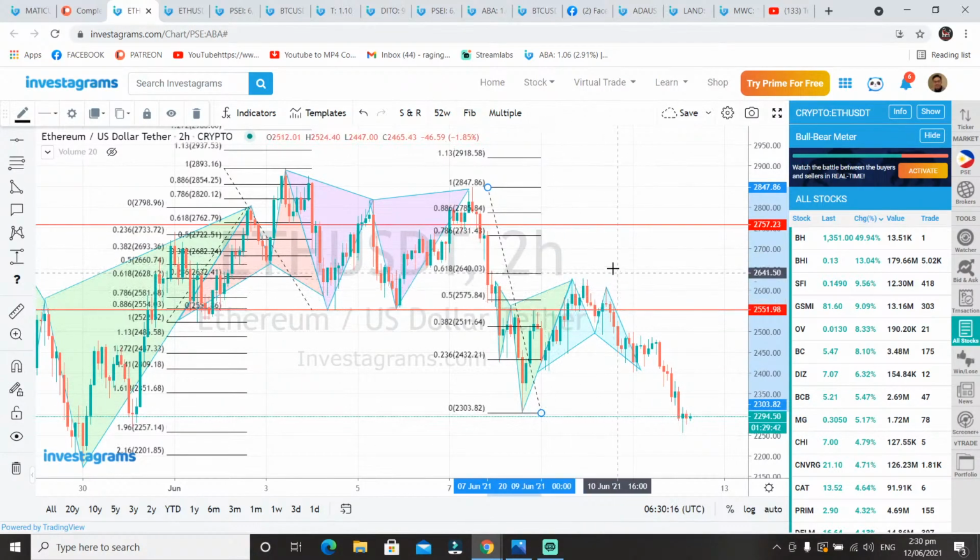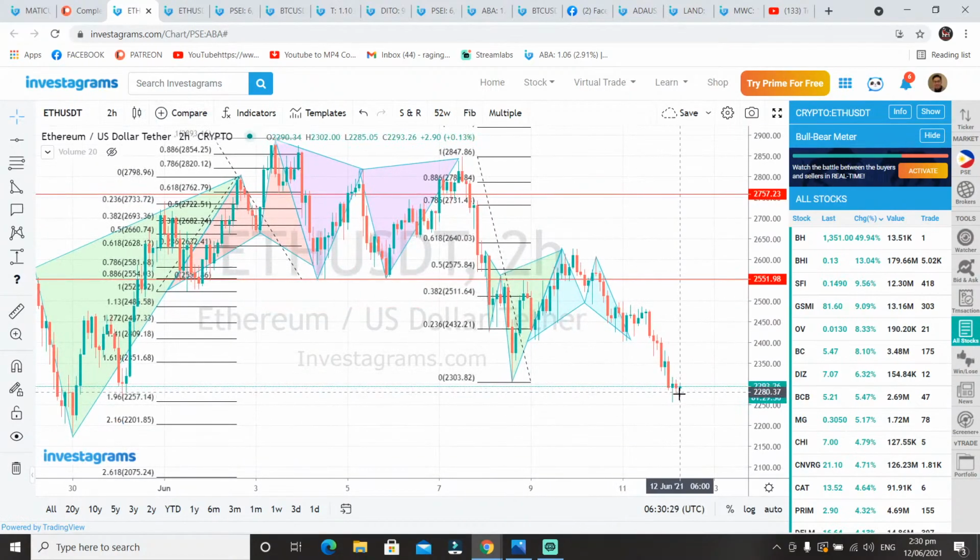But as I've said, a cipher pattern could be between 38% to 78%. So it crossed this one, and now already crossed this one. So this could go further. So it depends if we're going to use this whole impulse.